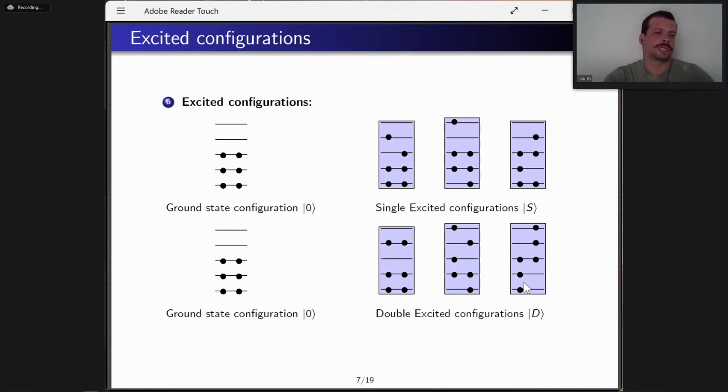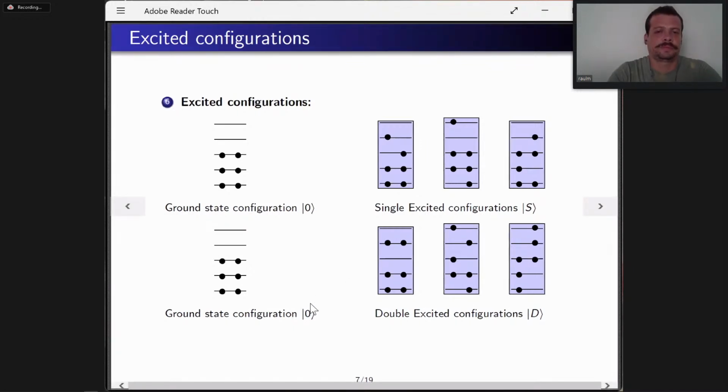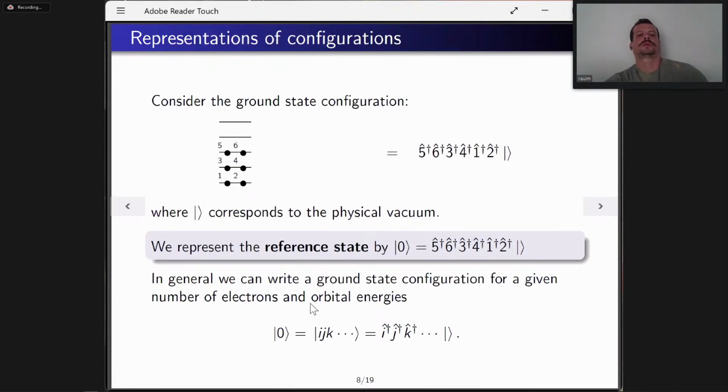So how do we represent these configurations mathematically? Consider again the ground state. We number the positions in the orbital energies as follows: 1, 2, 3, 4, 5, 6. We can say that we are creating electrons in an empty space.